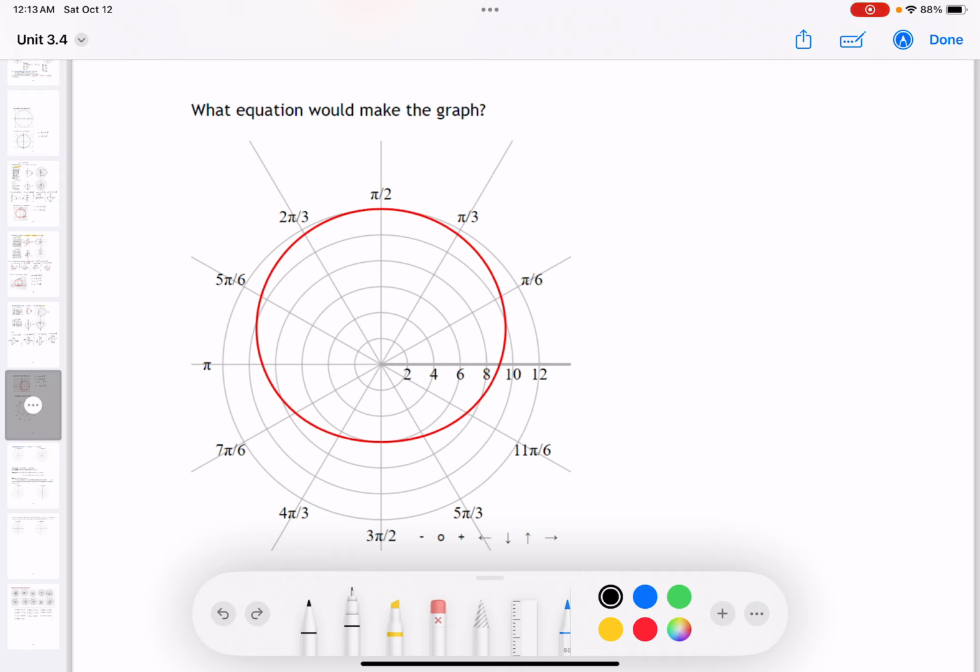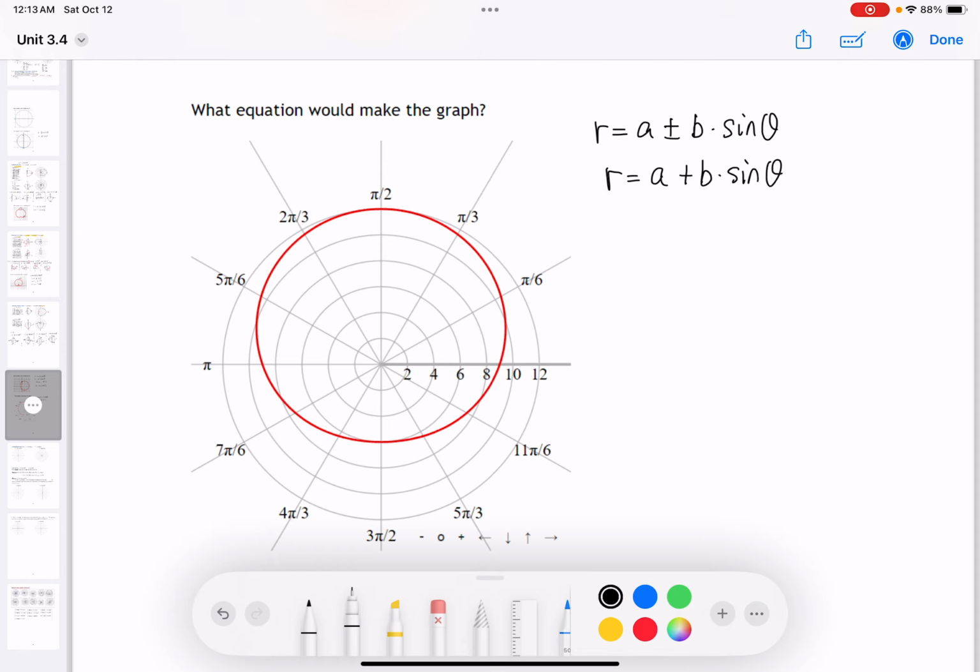It is a dimpled limaçon. For the dimpled limaçon, we have r is equal to a plus or minus b times cosine or sine theta. From the graph I can tell this is sine theta, and it's positive b. a plus b times sine theta.